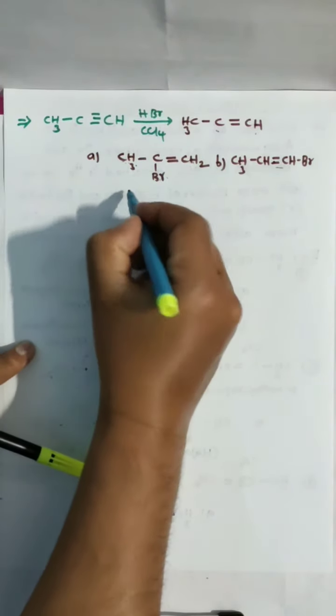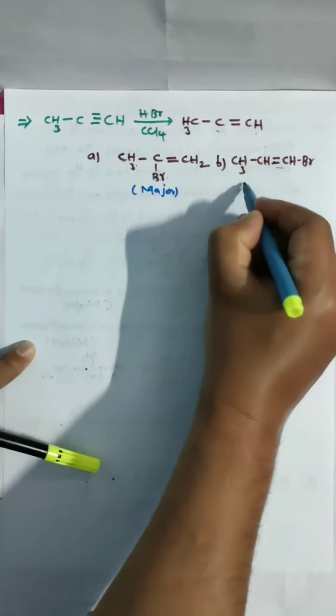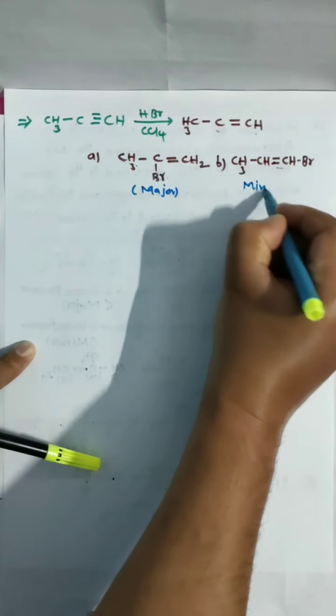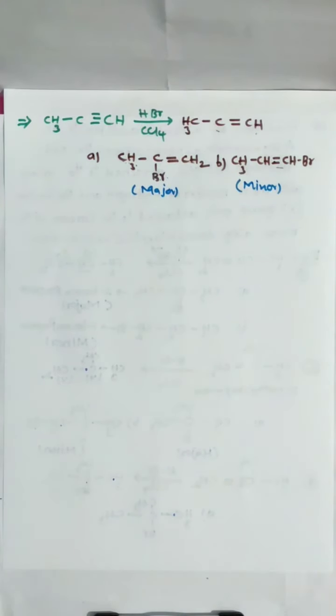So we have here the major product and this is the minor product. Like this we can break the bonds. And let me go for some little bit more difficulty level questions.